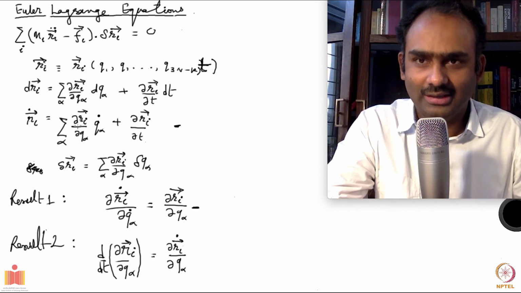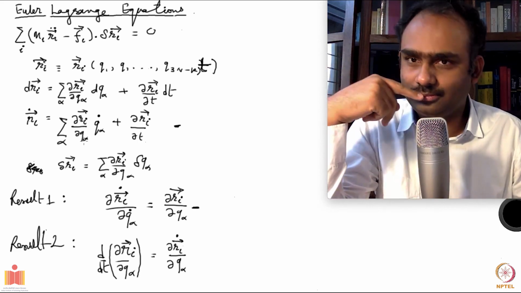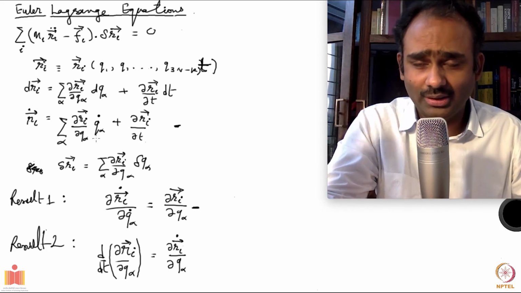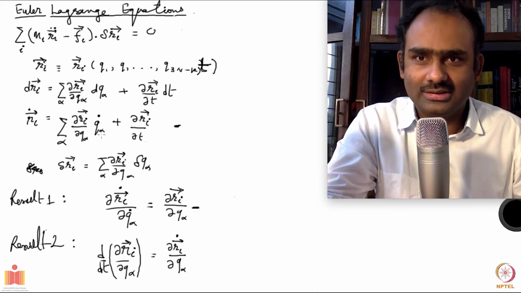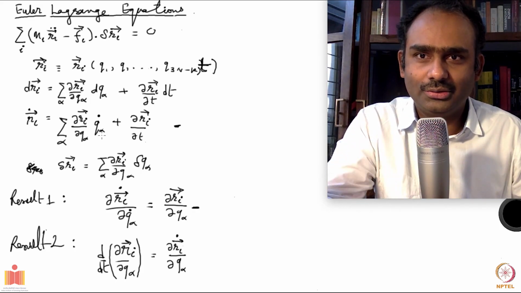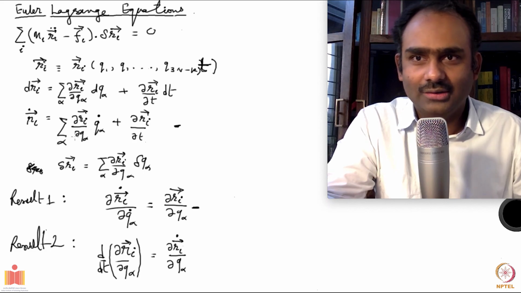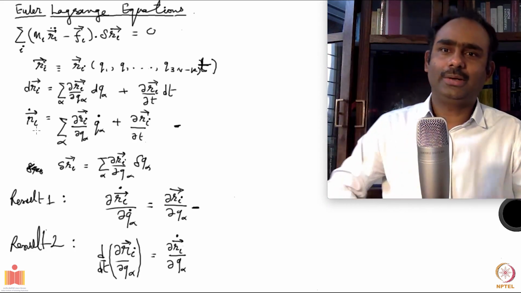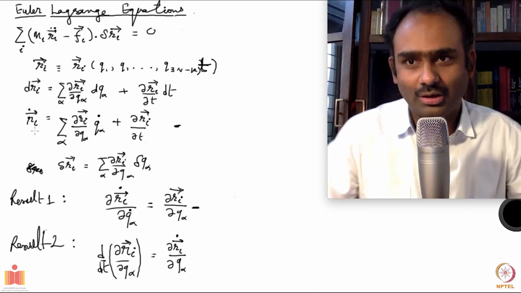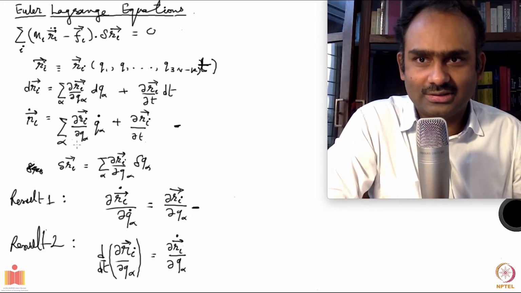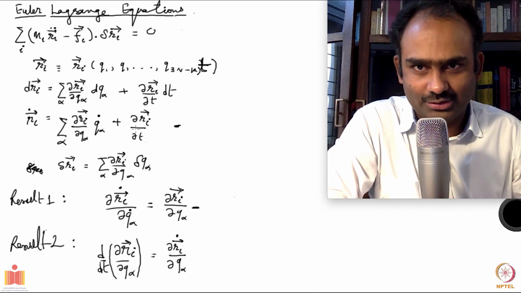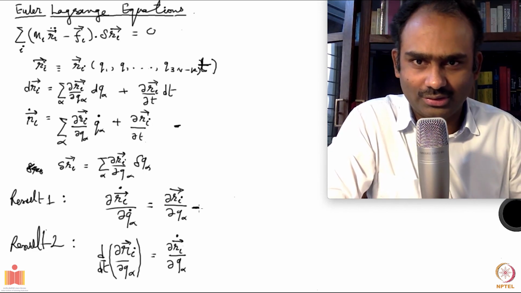So this is del ri over del q1 times q1 dot plus del ri over del q2 times q2 dot and so forth. And this piece is a function of q. And q dot dependence is only here. So if I take a partial derivative with respect to q alpha dot, only this piece will survive. This will drop out because there is no q dot in here. So the first one is quite trivial, as you can see.